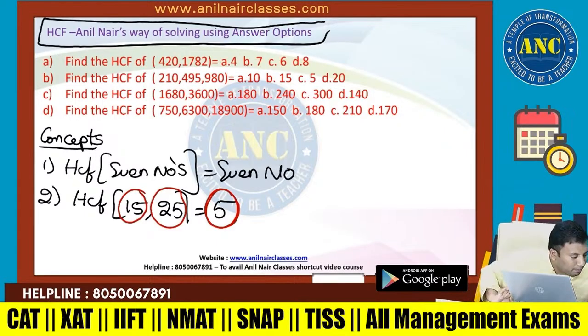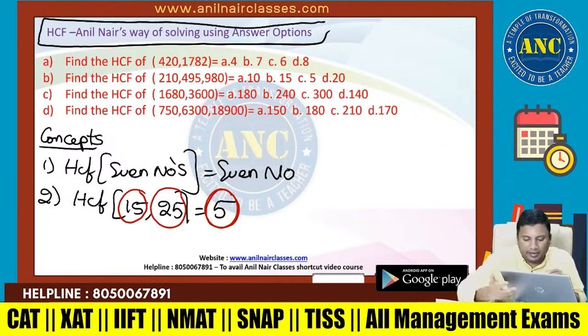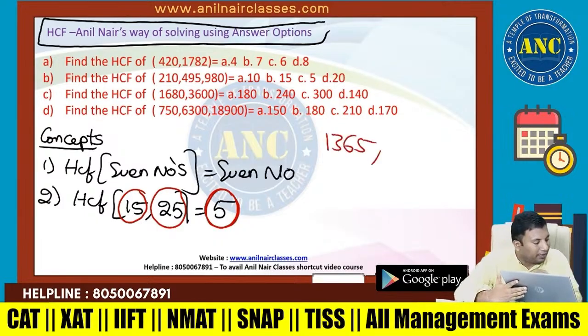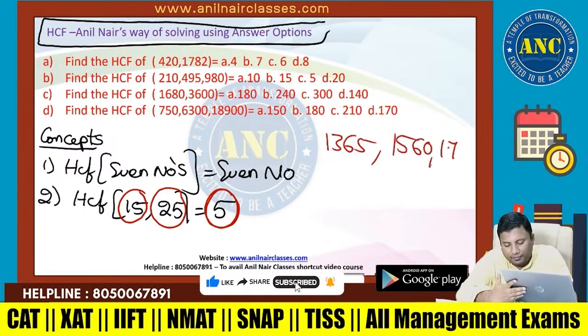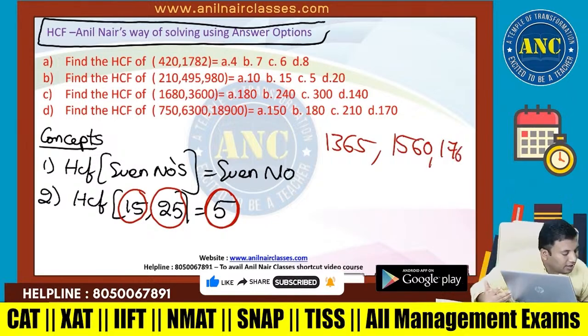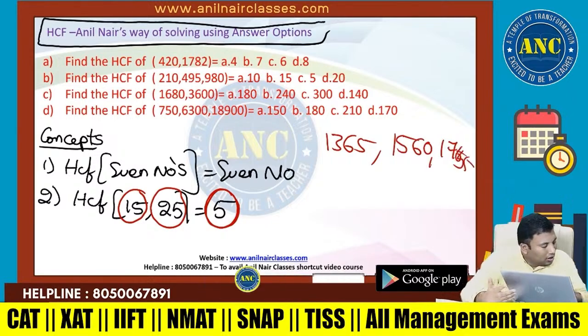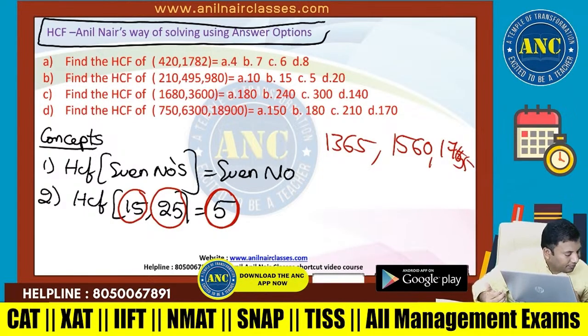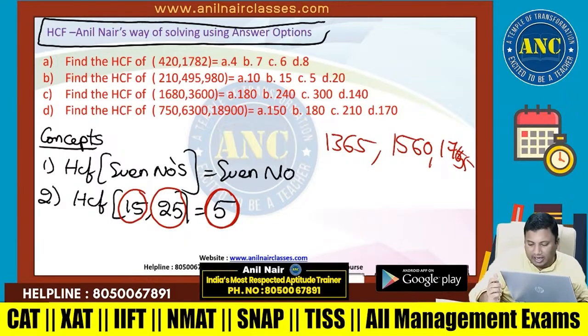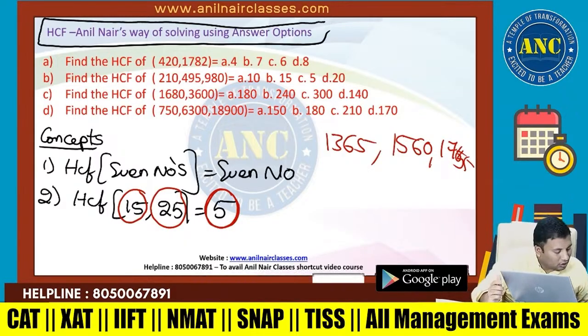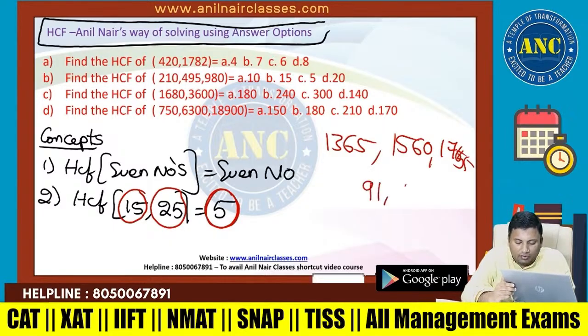Now, in the previous question, one student asked a doubt. Any relevant doubts we have to take. The numbers were 1365, 1560, 1755. There is a doubt from Srikanth. Srikanth says, sir, why did you not consider 91 and 272?